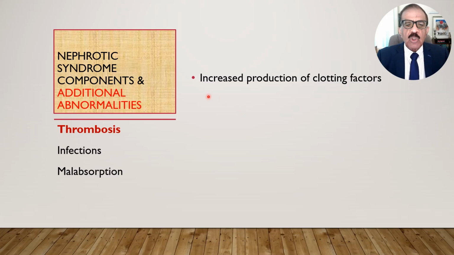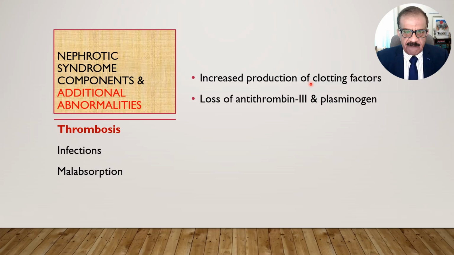Why? Because when there is increased production of proteins, there is also increased production of clotting factors. All clotting factors are proteins and all clotting factors are produced by the liver. So maybe unintentionally, clotting factors are also produced in excessive quantities that might produce a hypercoagulable state.